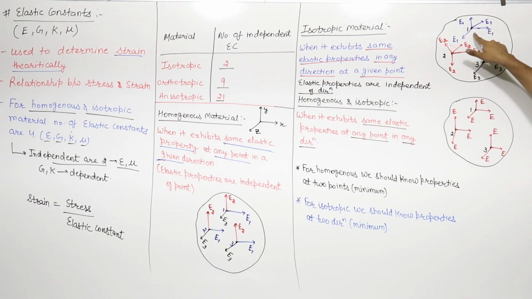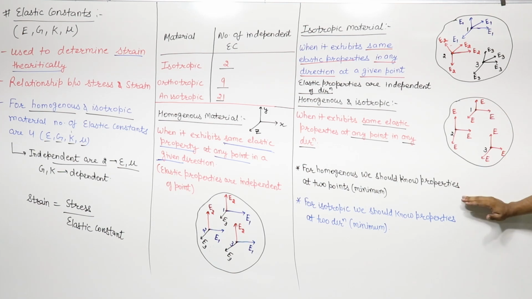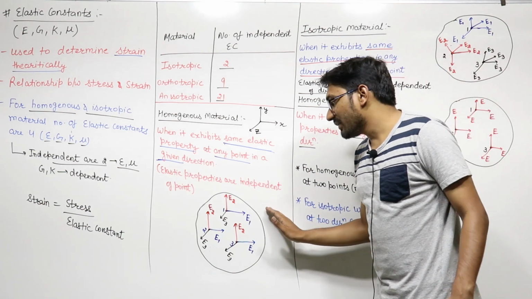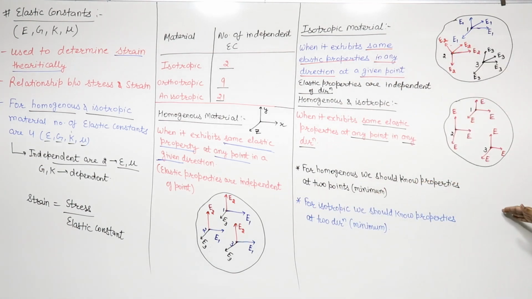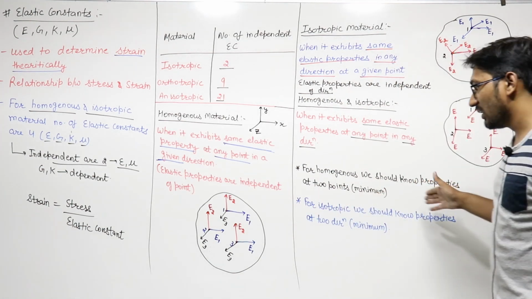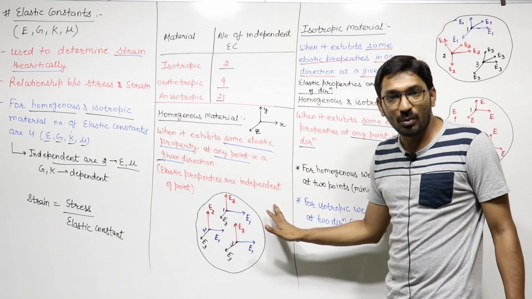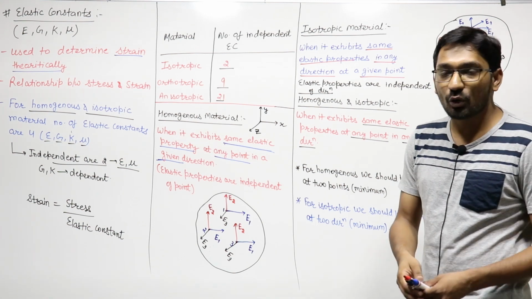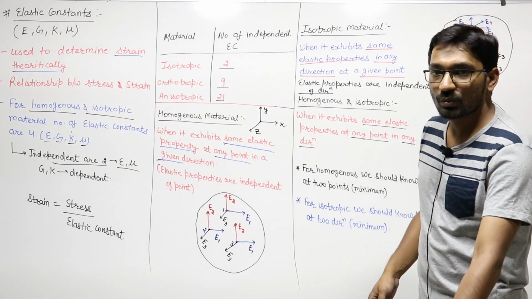If in 2 directions at any point the properties are same, we can say that material is an isotropic material. And if the properties at 2 points in one direction are equal, then that material is the homogeneous material. And for homogeneous and isotropic, the number of independent elastic properties are 2, that is E and mu.